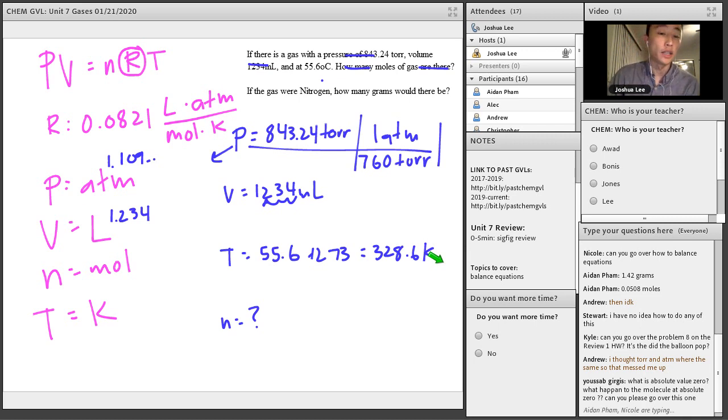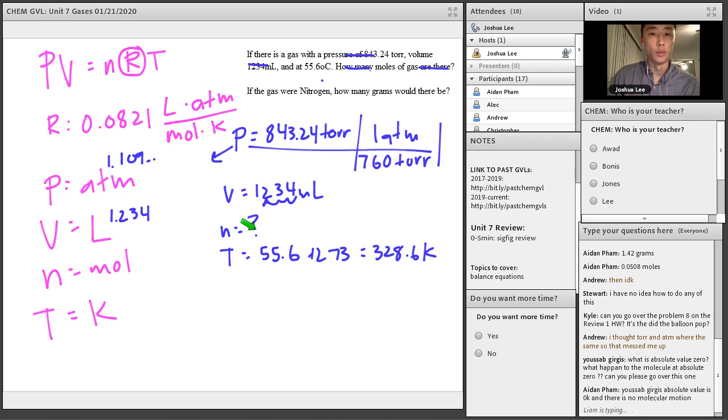So then, at this point, you really just plug stuff in. So PV equals nRT. So we know the pressure is 1.109 dot dot dot.